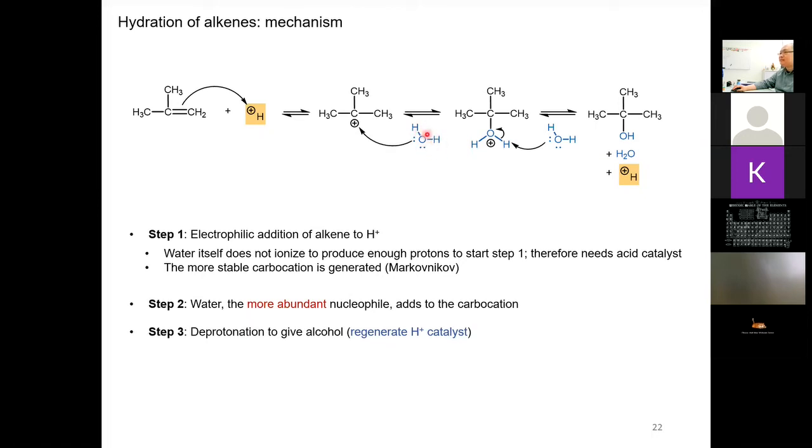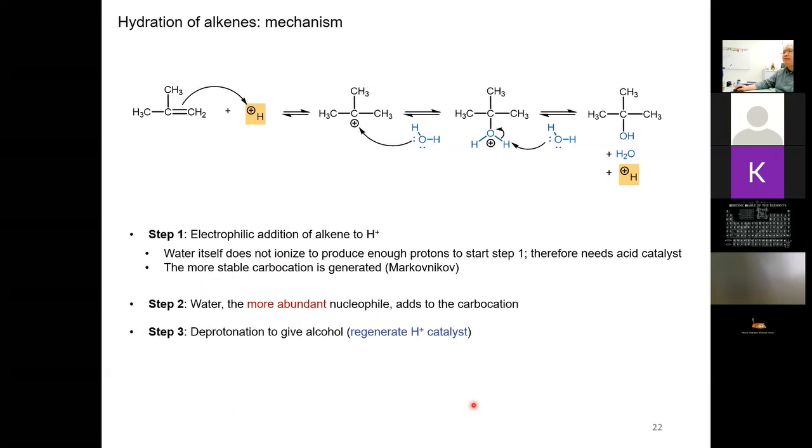It's not that acidic, so you need to add a strong acid, like a strong proton source, to initiate the reaction. And another difference from HX is that the water is usually used in solvent amount. Okay, so the water's quantity is really abundant during the hydration reaction.